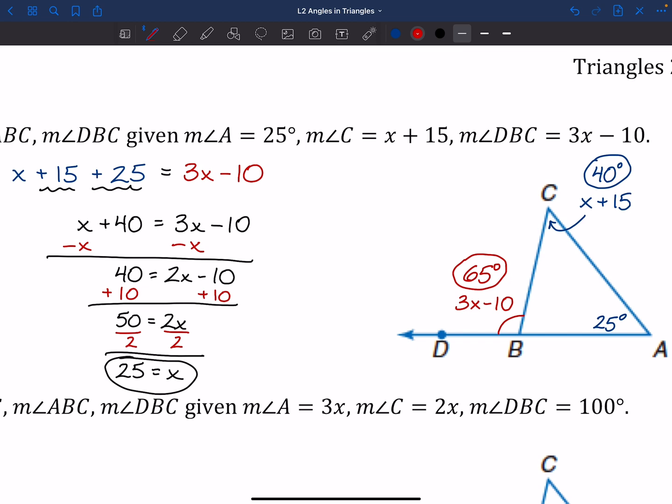We could also get that by plugging the 25 in: 25 times 3 is 75, take away 10 gets you to 65. And then last but not least, if we were really trying to overachieve here, we could do 180 minus 40 minus 25 to figure out that the other inside angle is 115 degrees. Again, using the same properties that we've been working on with a couple different problems so far.